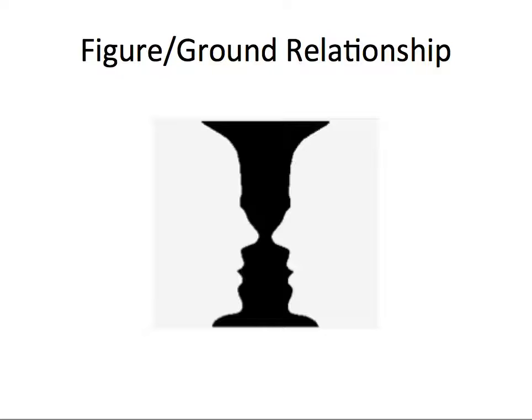If we started off with a black sheet of paper and drew the two white faces, then those would be the positive shapes, and the vase would be the ground, or the negative shape.